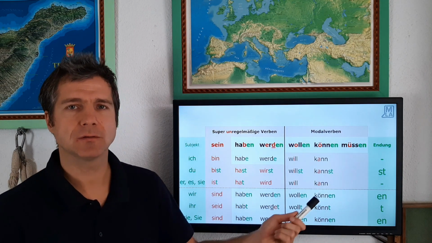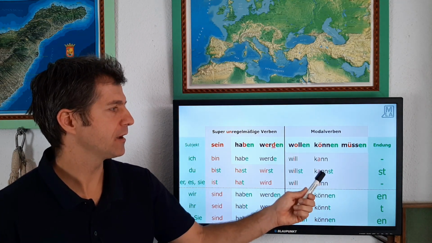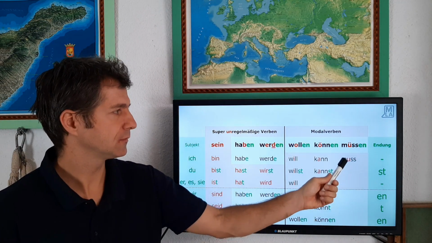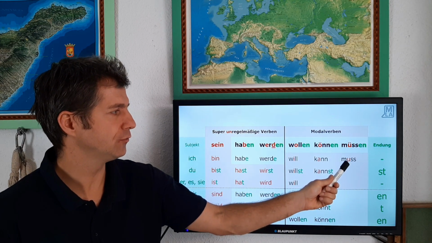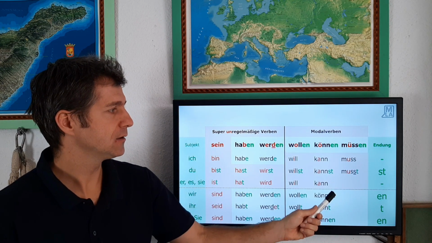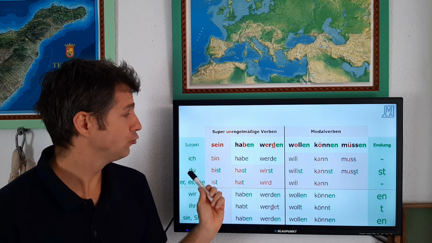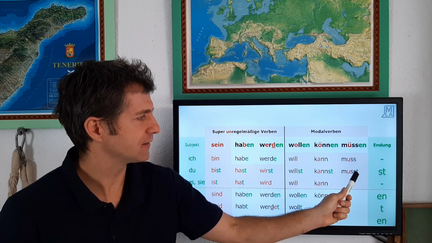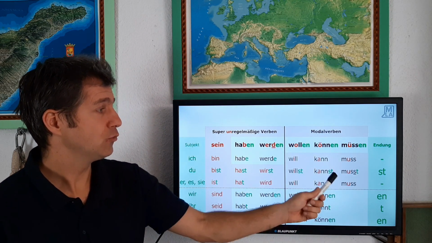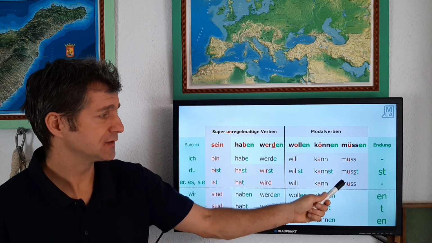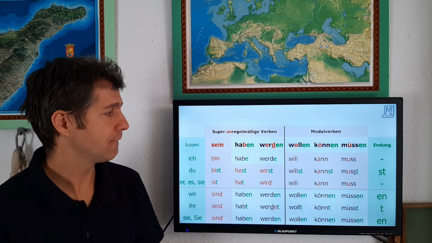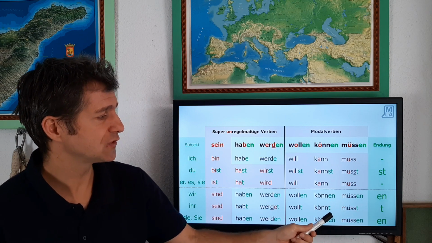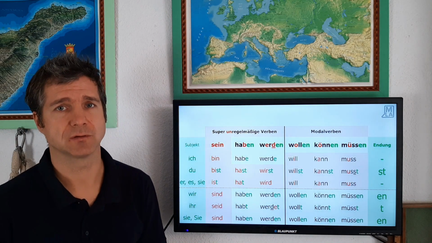Let's say müssen, must. Here we have ich muss. No, there's a change from U umlaut to U. Du musst. Here we have a problem with the S, so we just add in a T. Ich muss, er muss, it's the same. And then it's regular. Wir müssen, ihr müsst und sie müssen.